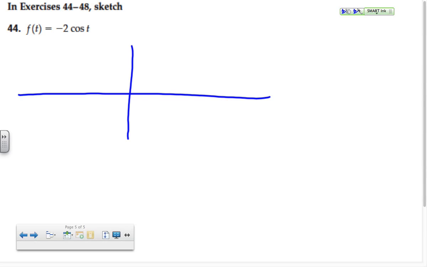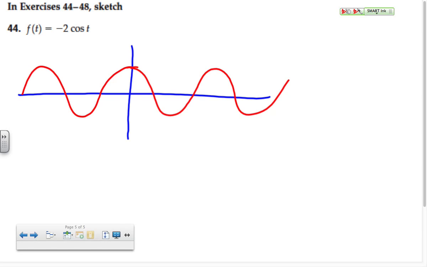The cosine function crosses the y-axis at 1, and then it's going to go down here, like this. Again, I don't expect your pictures to be perfect, just make sure that you're crossing the axis in the right spot. So cosine crosses at 1, sine crosses at 0, they are opposites there. This is 1 and negative 1. So this is my basic function, this is the cosine.